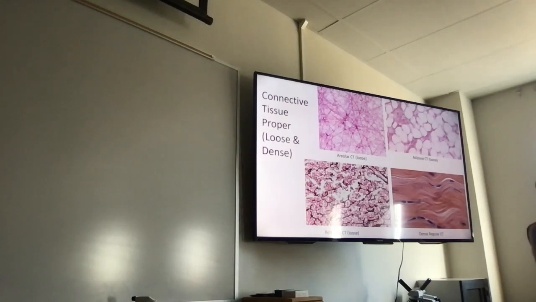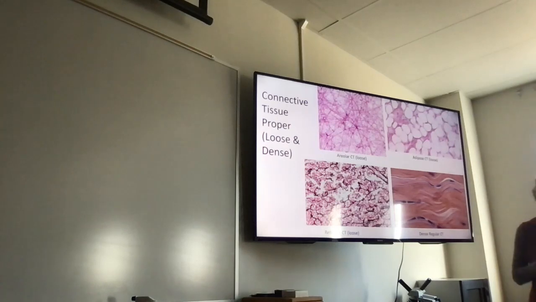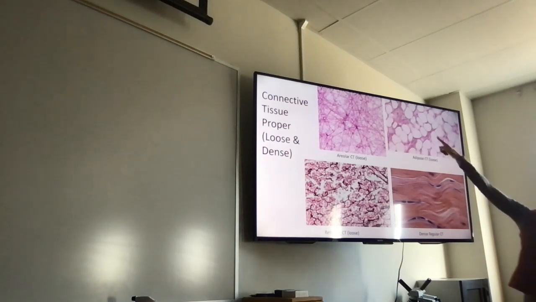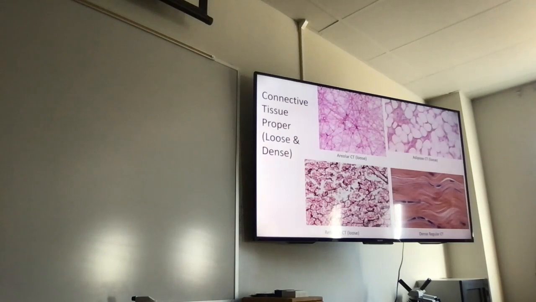But the fat deposit is essentially smashing the nucleus up against the plasma membrane of the cell. So the fat deposit takes up most of the cell, and the nucleus is basically just up along the edge here. So that is adipose connective tissue, and you can see some fibers kind of in between the cells still.